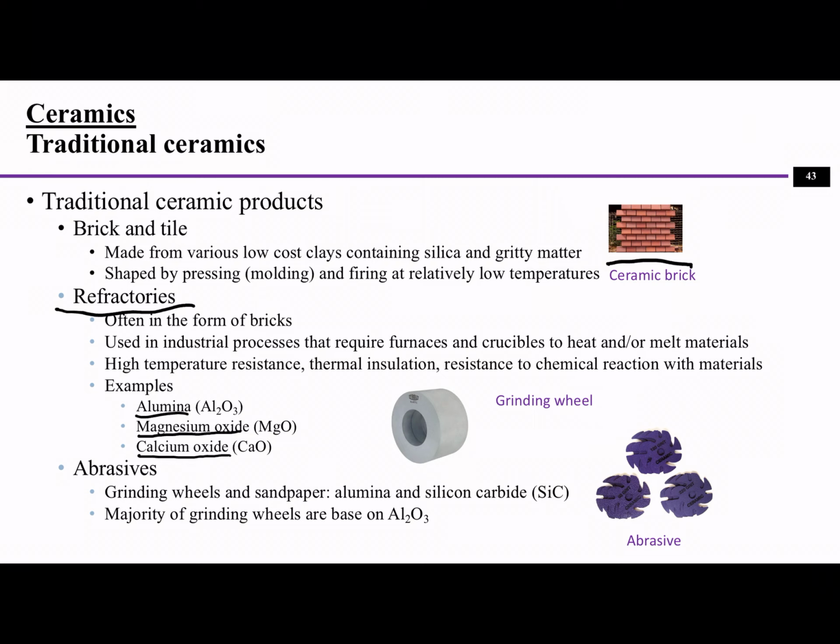Another type of product is used in abrasives, for example in grinding processes, grinding wheels. They can have abrasive material on the tools, because they have really high hardness.